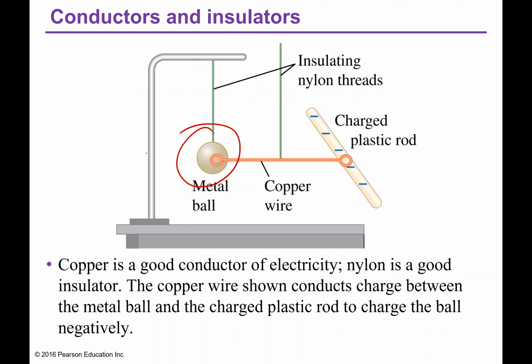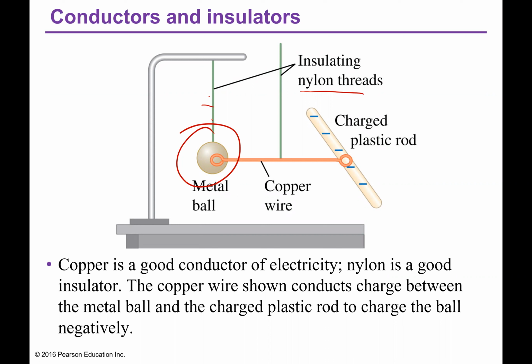And for example, you also have what we call insulators. For example, you can see the nylon thread that we use to hang the ball is an insulator. That means the charges will not be moving through the insulator. Charges can move from one object to another through a conducting wire or, let's say, a conducting rod and things like that, but not through an insulating rod.